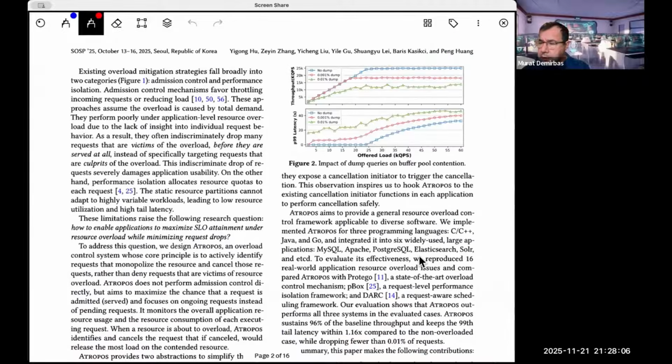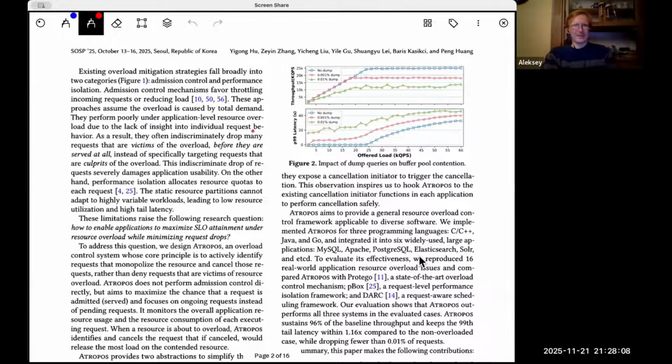Anyway, let's keep going. Figure 1, admission control and performance isolation. Admission control mechanisms favor throttling incoming requests or reducing load. These approaches assume the overload is caused by total demand. They perform poorly under application-level resource overload due to the lack of insight into individual request behavior.